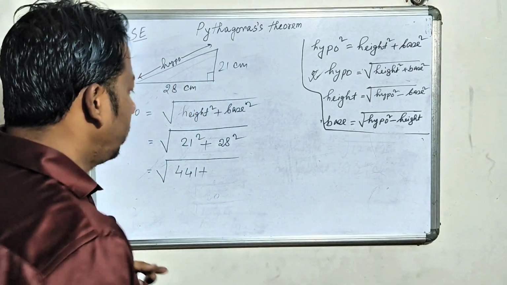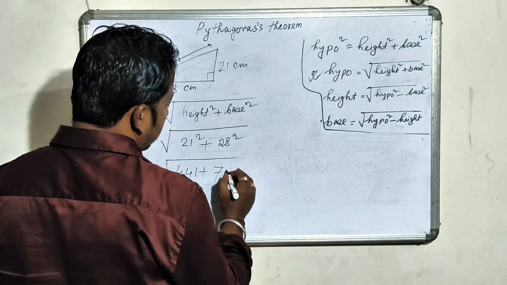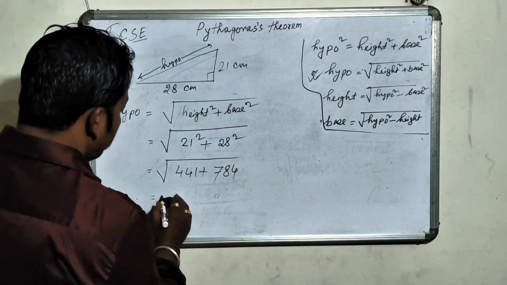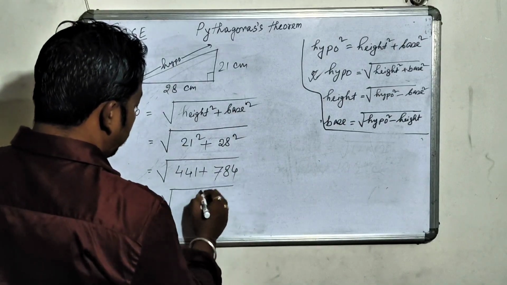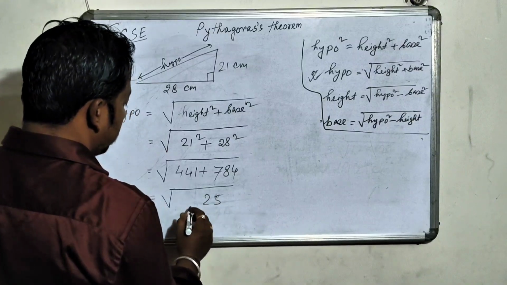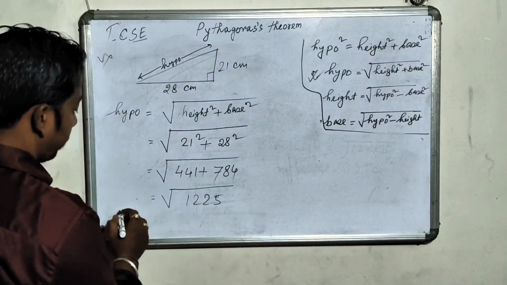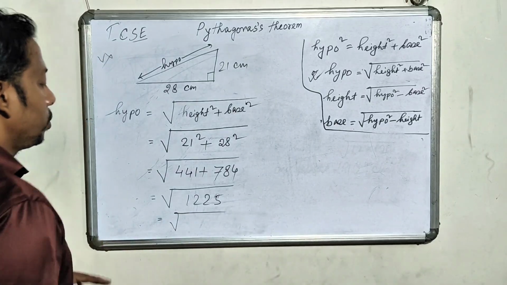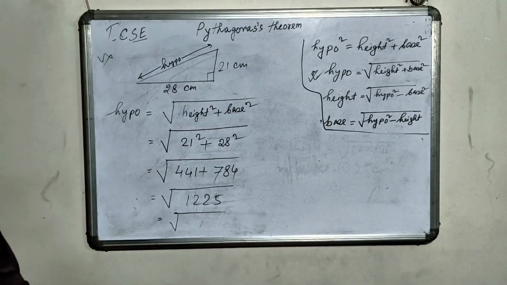You'll get the result, that is 784. 441 plus 784 is 1225. How to find the root of 1225?